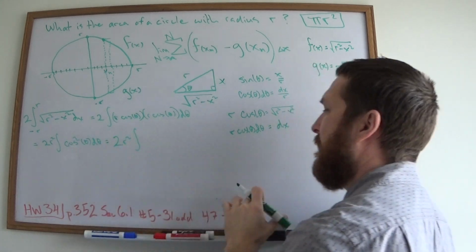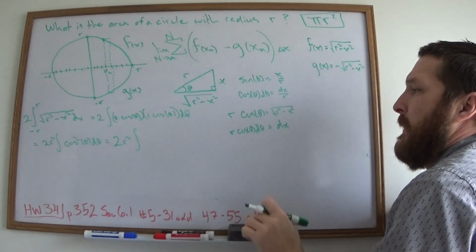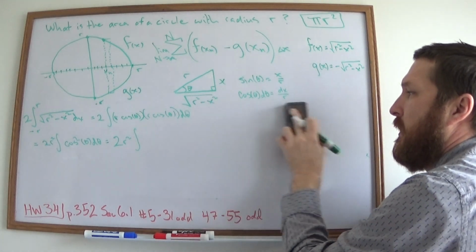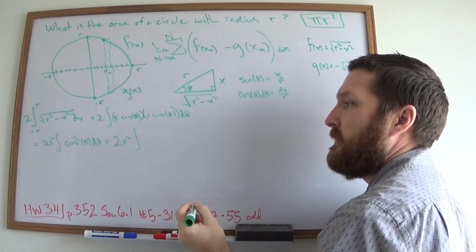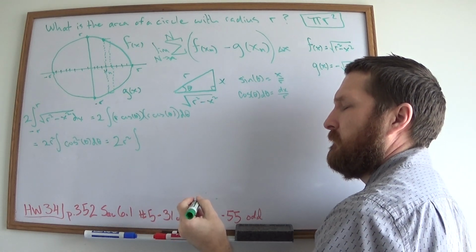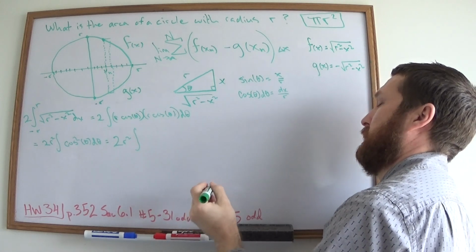Well, there's the trig identity, the one for cosine squared. The sine one's easy: 1 minus cosine 2 theta over 2.